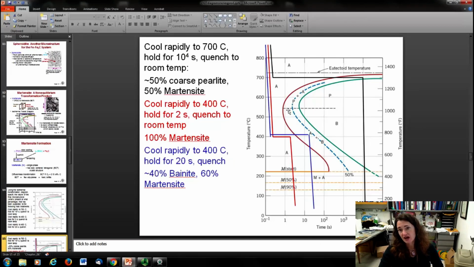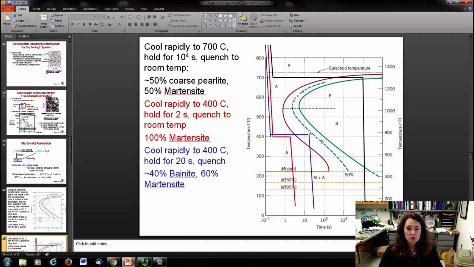I've cooled it so much that it goes below this perlite to bainite transformation here. So it would be bainite if I let it alone for a while, but I'm not letting it alone. I'm quenching it again. This brown line right here corresponds to the onset of the transformation to bainite, but it doesn't hit that. So that means that I've got 100% martensite for that material.